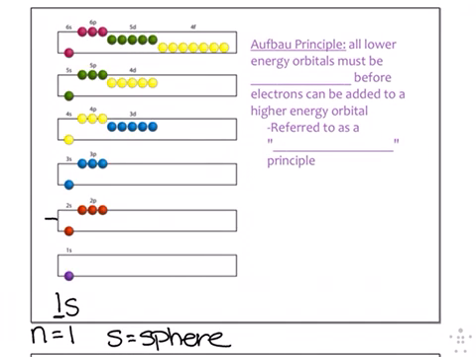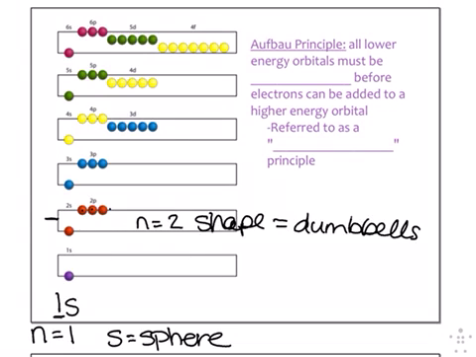So then here we are now at N equals 2, and now we are at the p orbitals. There's 3 p orbitals. What shape are the p orbitals? The dumbbells. Yep, good. And how many potential orientations are there for the dumbbells?